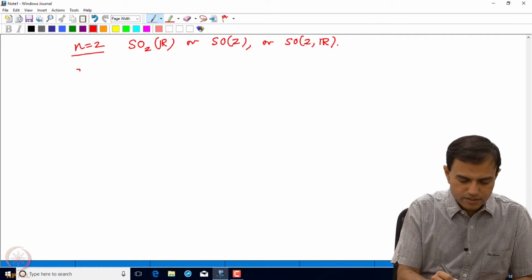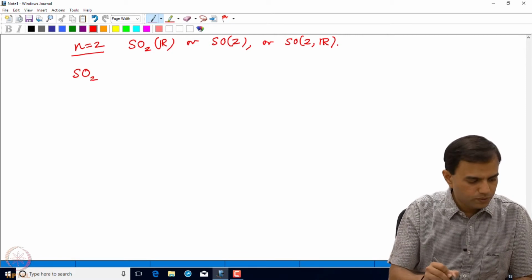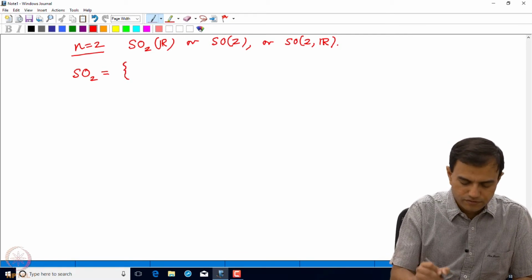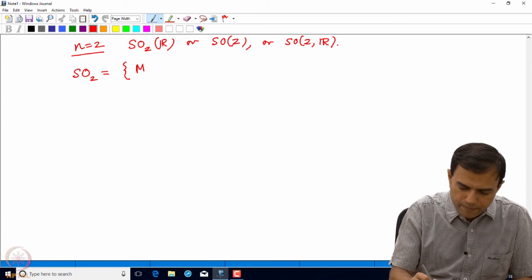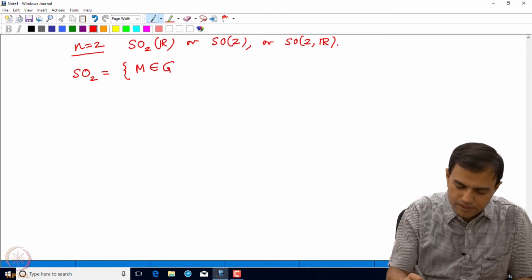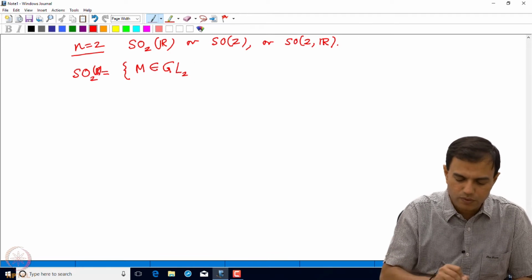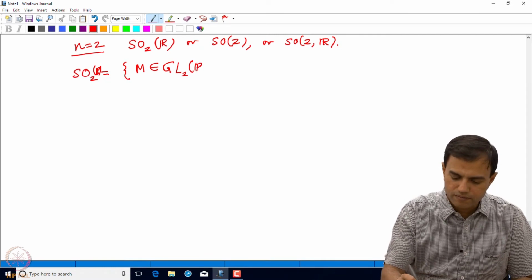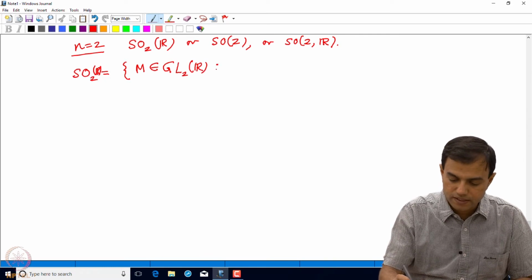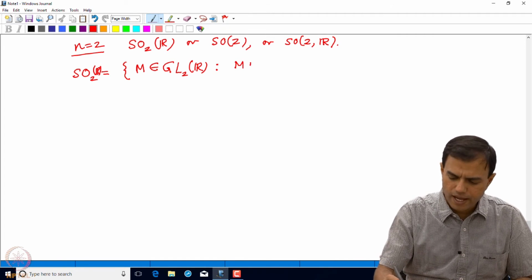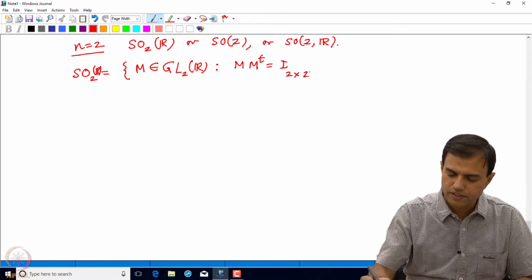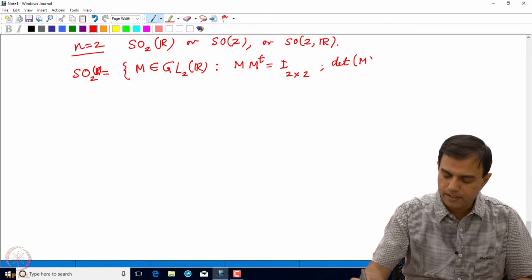SO2 is the collection of those elements M in GL2(R), my field is that of reals, such that M M transpose is the 2 by 2 identity matrix, and the determinant of M is 1.